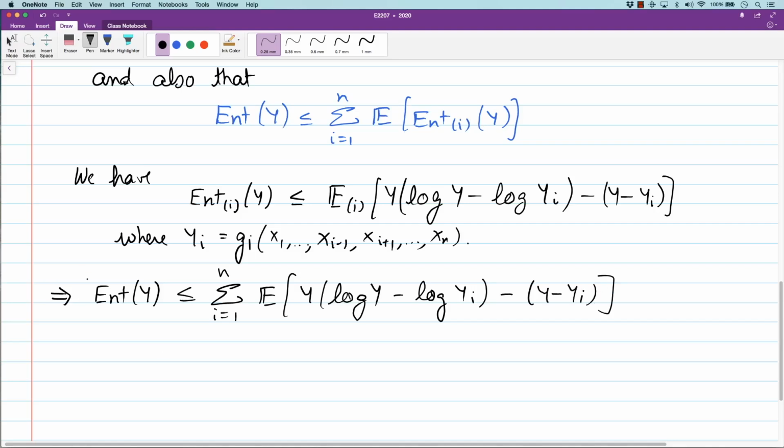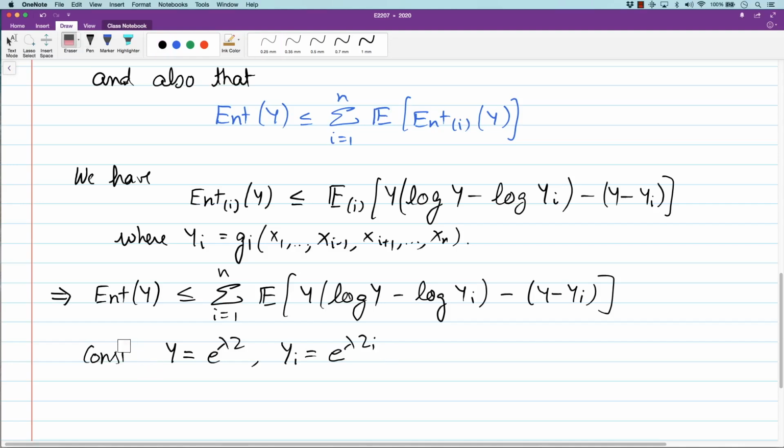So this is true for all y. So consider y equal to e to the power lambda z. This y is a function of x1 to xn, so this z is also a function of x1 to xn, and this is allowed. And yi is e to the power lambda zi. We can do that.